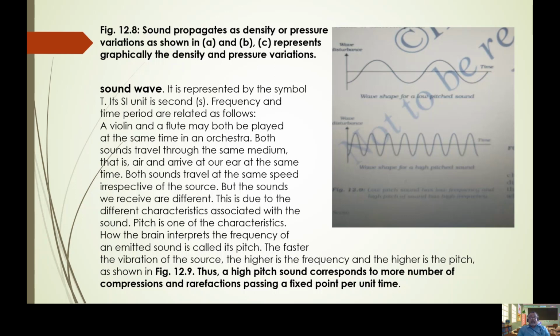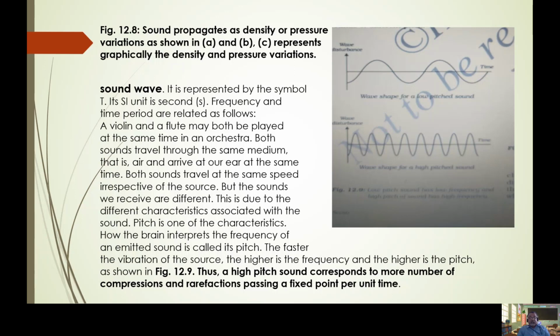Pitch is one of these characteristics. How the brain interprets the frequency of an emitted sound is called its pitch. The faster the vibration of the source, the higher is the frequency and the higher is the pitch.